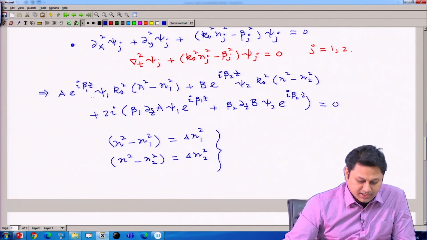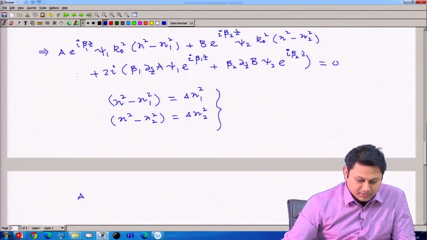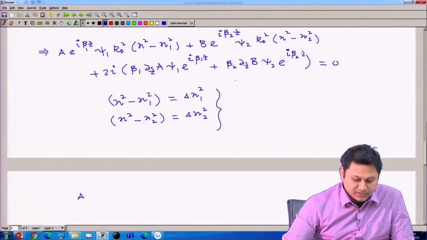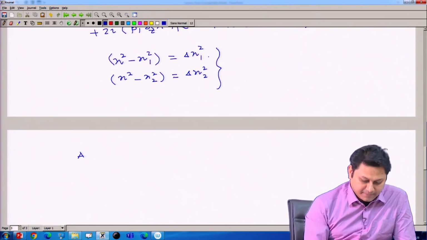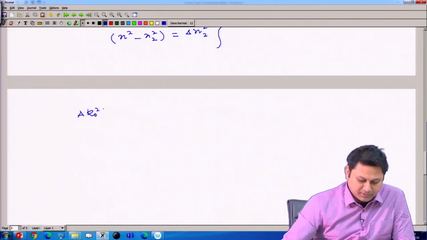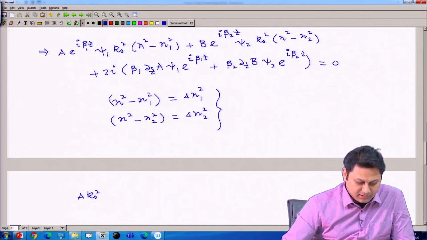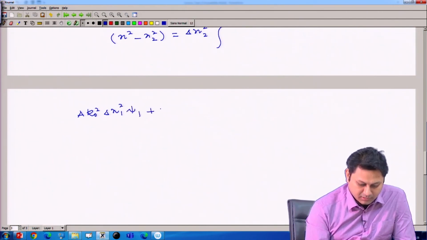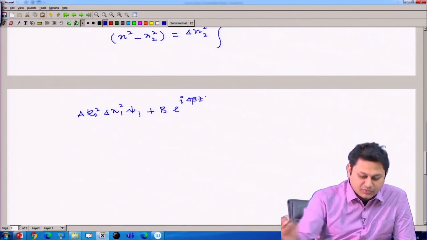From this equation I can write, if I divide the entire equation by e to the power of i beta z, then I have A k 0 square delta n1 square psi 1 plus B e to the power of i delta beta z, because I divided. So, that is why I should have some kind of delta beta.